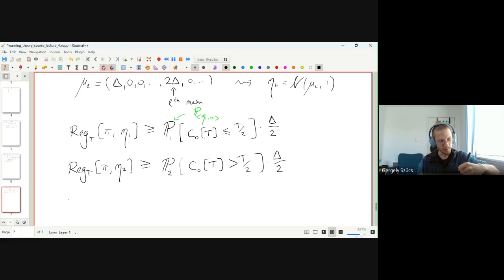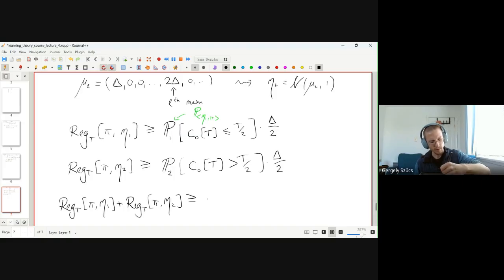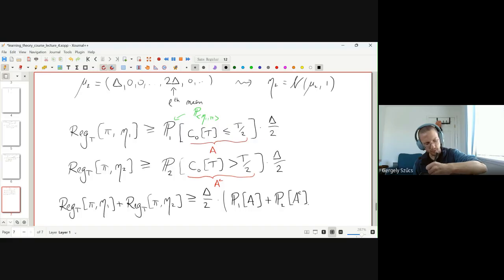So now we can say that the sum of these two regrets is bigger or equal than delta over 2 times the probability under bandit 1 of some event, which we can call event A, plus the probability of the complement of that event, A complement.